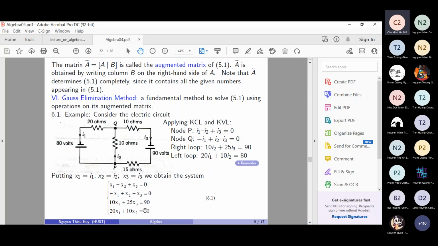called the Gauss elimination method, which helps you not only to solve this system Sigma 1, but also any other general system. But let's start with an easy one so that you can get the principle, the idea, the method, and then you can apply it to every other system.